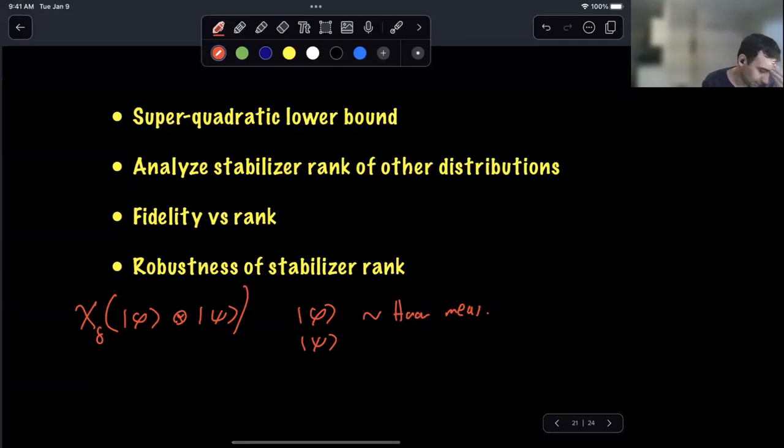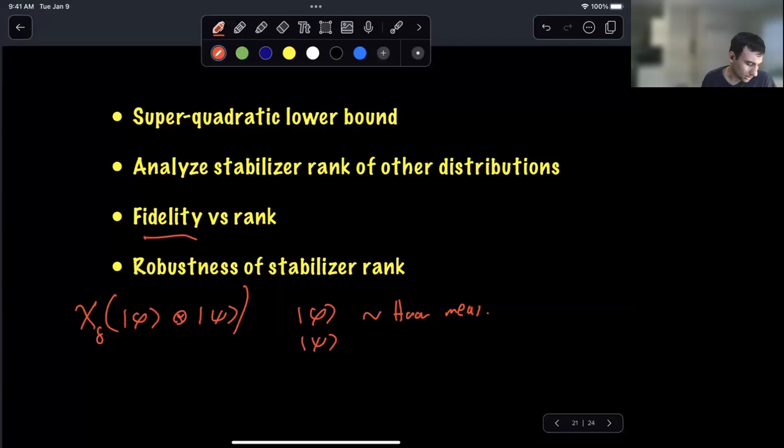And this fidelity that I call here is that maximum overlap. For this T state, we know exactly what the maximum overlap is. So if we can prove some connection, we might be able to improve the lower bound.